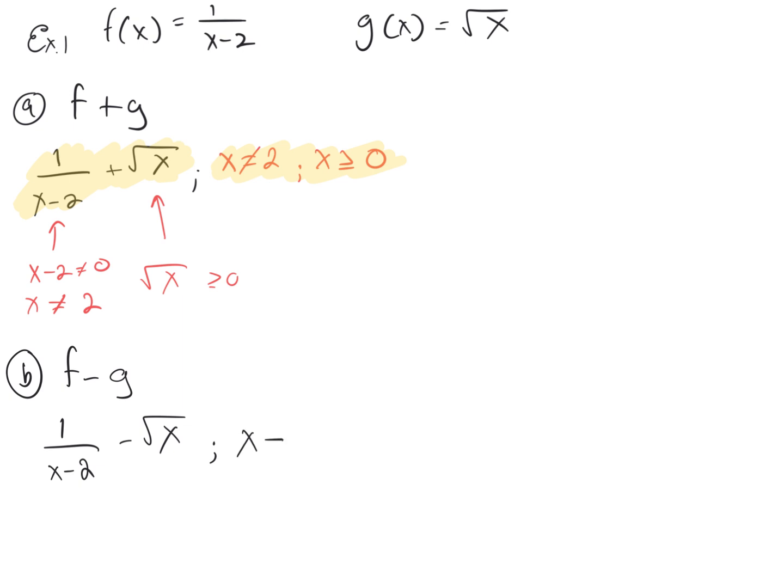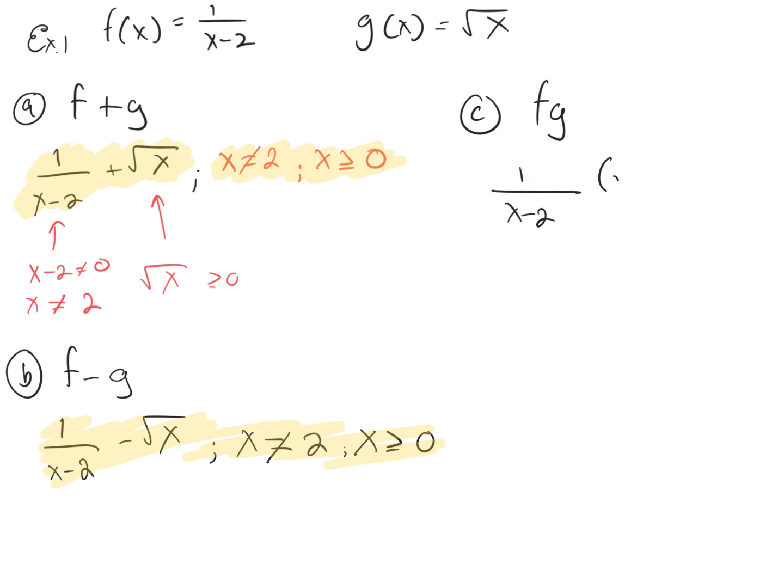And then we're going to get x cannot equal 2, and x has to be greater than or equal to 0. For C, they wanted us to do f times g. So we'd do 1 over x minus 2 times square root of x.